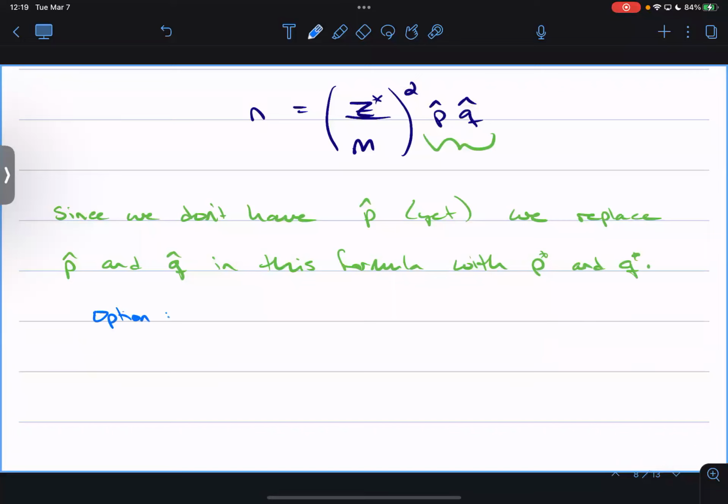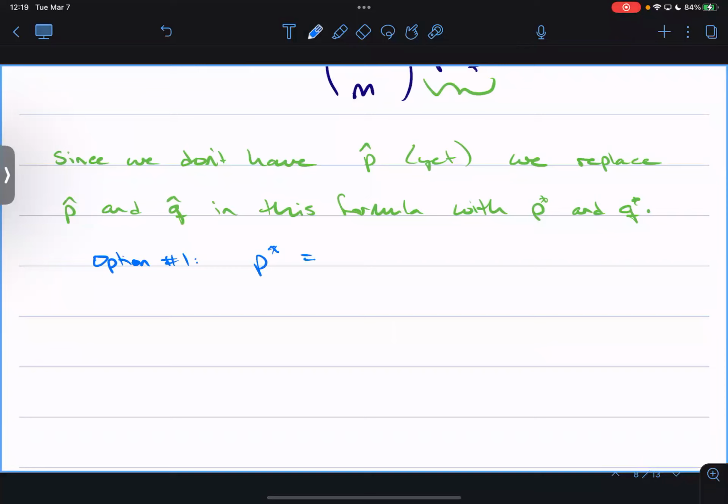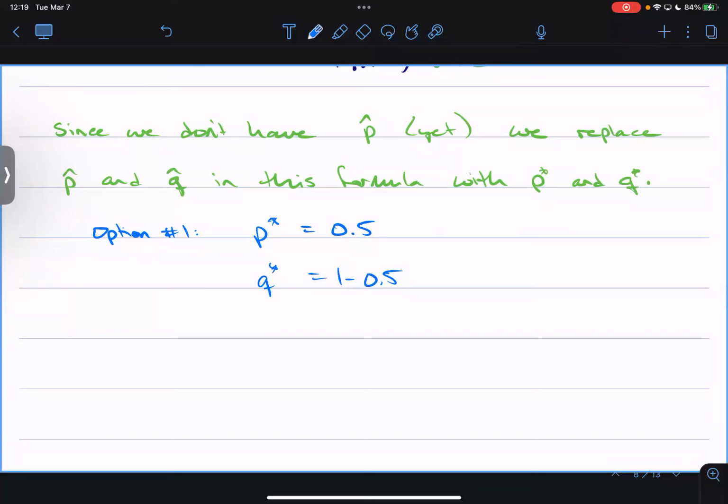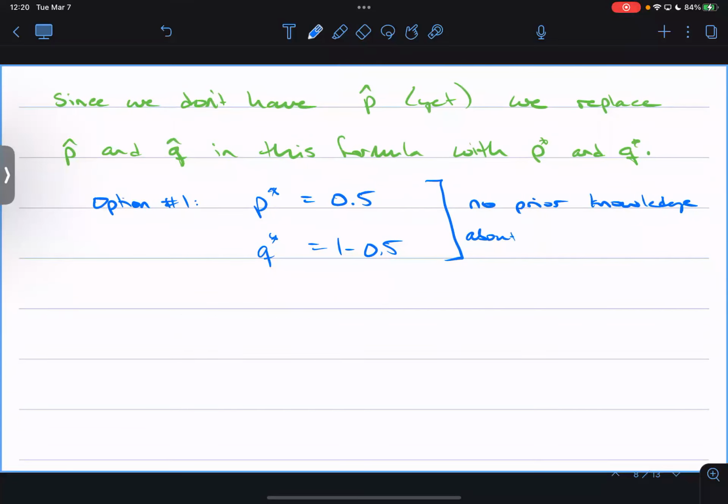Option number 1 is that p star is equal to 0.5, which means that q star is also 1 minus 0.5, which is 0.5. This is if you have no prior knowledge about the population.